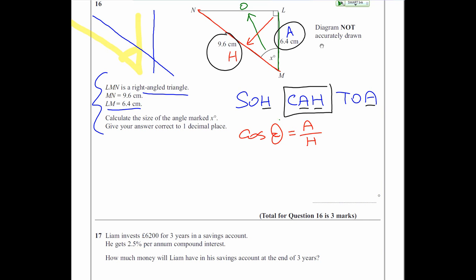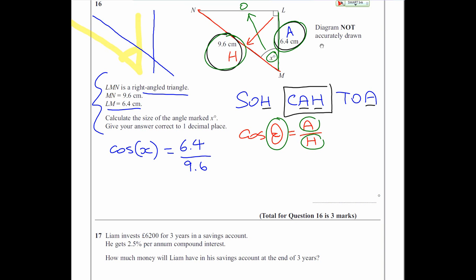In this case, our angle is X, our A is up here, and our H is over here. So let's write out the formula with what we know. Cos of our angle X, and I always put brackets, equals adjacent, which is 6.4, over hypotenuse, which is 9.6.